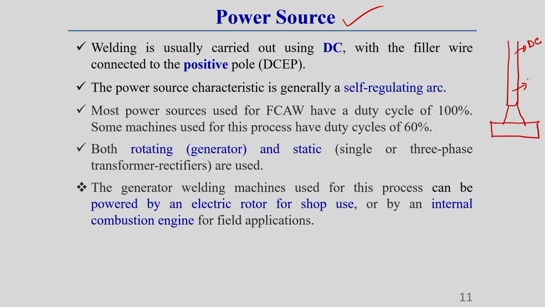That means around 70% of the heat is required to be generated in the electrode here, and 30% heat is generated elsewhere. That is why, to get this, the DC electrode should be connected to which terminal? It should be connected to the positive terminal. That is why DC EP polarity is preferable in this welding process.